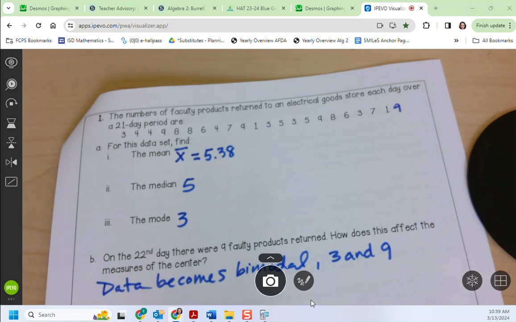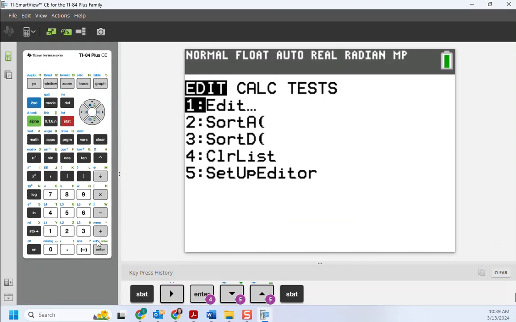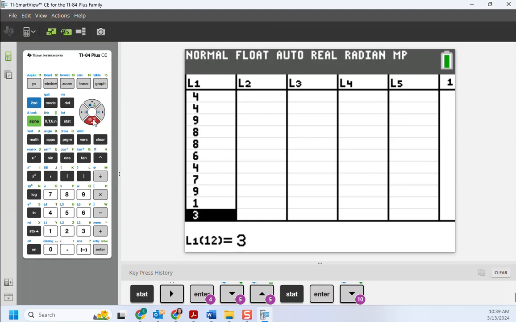So let's go back to your calculator, press Stat, and Edit. Stat, Edit, and then let's go to the bottom of your list and add another 9. Don't replace the value. That would mess things up. All right, so I'm going to add a 9 and enter. And then I'm going to do the same thing.